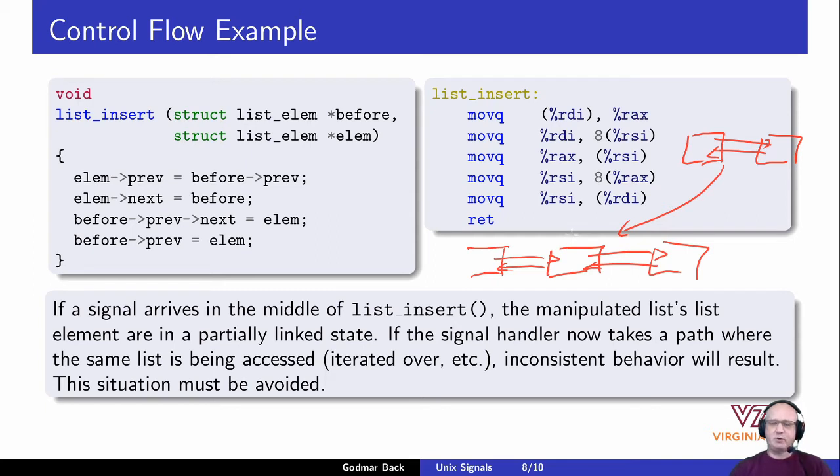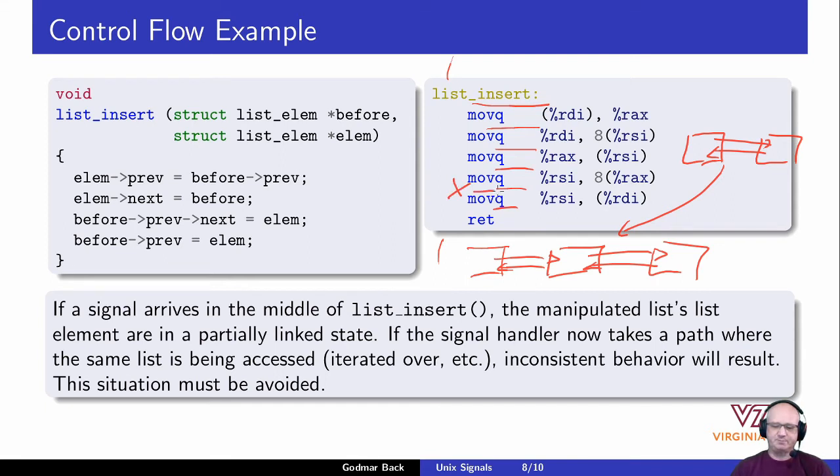Now, a signal, for example, a sick child, may arrive literally anywhere. It could arrive before this instruction, after this instruction, or outside of list insert, for all we know. The trouble arises if, due to some unfortunate coincidence, it arrives right in the middle, say right here.